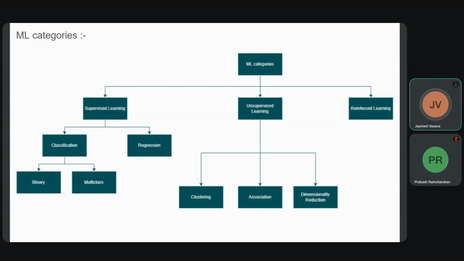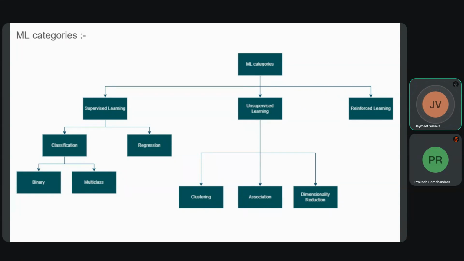Then for supervised learning, we have classification. A cat being recognized in a picture is a classification. If there is a class or not, it becomes a binary classification. And if there is more than one animal in the picture, it becomes a multi-class classification.